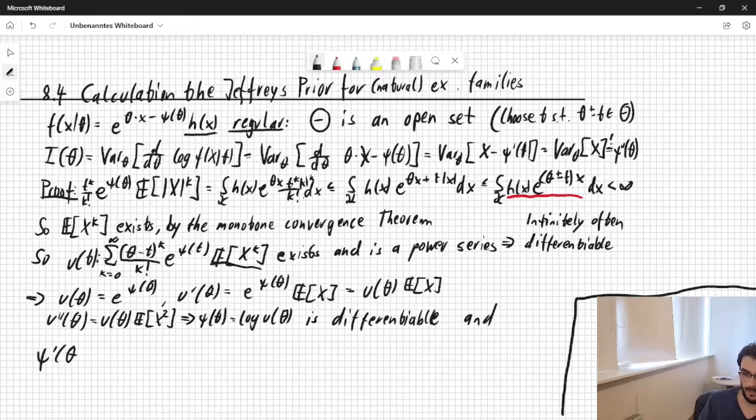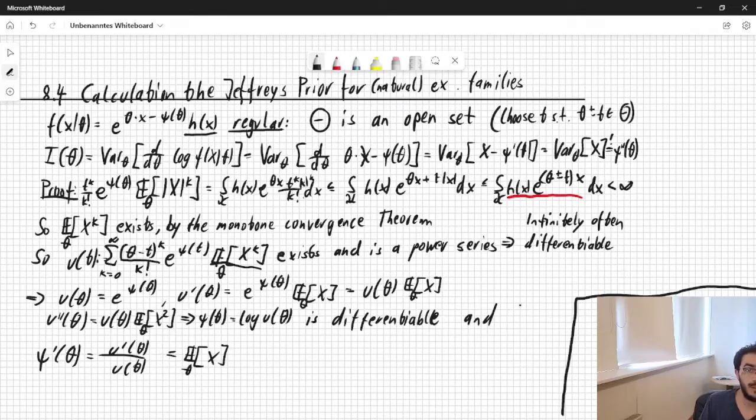Psi prime of theta is, well, it's the logarithm of u, so it's u prime of theta divided by u of theta. So that's the expectation of x. Okay, here I should mention the expectation is always with respect to theta being constant, so I'm going to change it everywhere now.